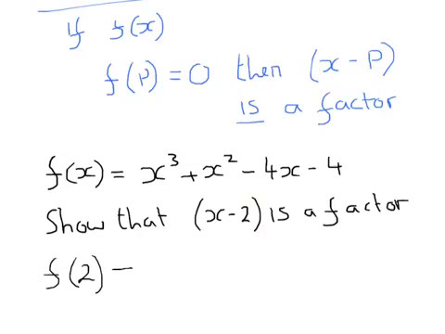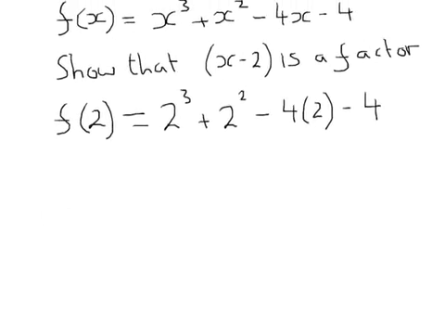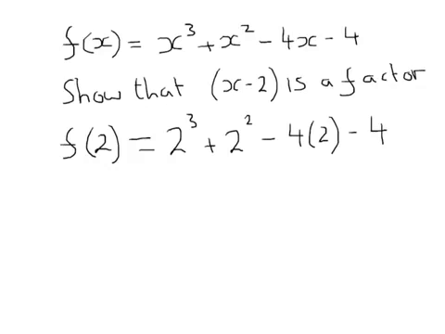So let's go through it. What have we got? We've got x to the 3, so in this case it's 2 to the 3, plus 2 squared, minus 4 lots of 2, take away 4. So we're looking for this to equal 0. Let's have a look what we've got.